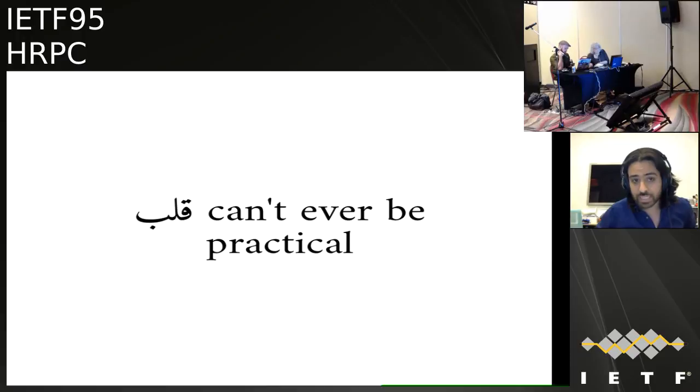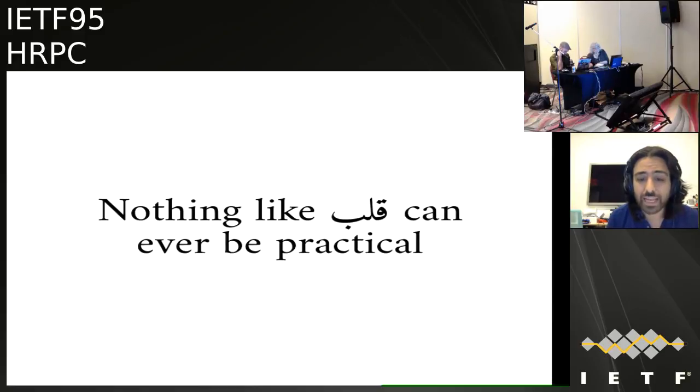And if you jump to the next slide, nothing like ELB can really ever be practical. Any sort of foundational technology that's meant to be readable by humans, but is not based on the ASCII character set, can't ever really be practical.